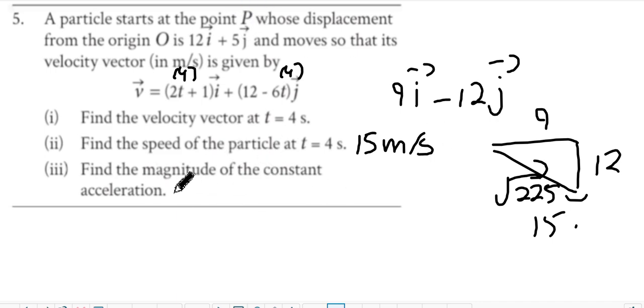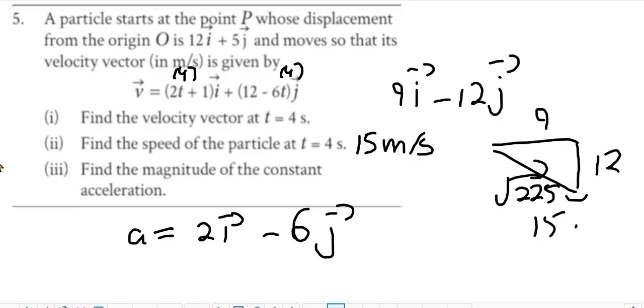Anyways, find the magnitude of the constant acceleration. All right, so we have to differentiate one more time. 2t turns to 2i, minus 6t. 12 turns to 0, minus 6t differentiates to minus 6.